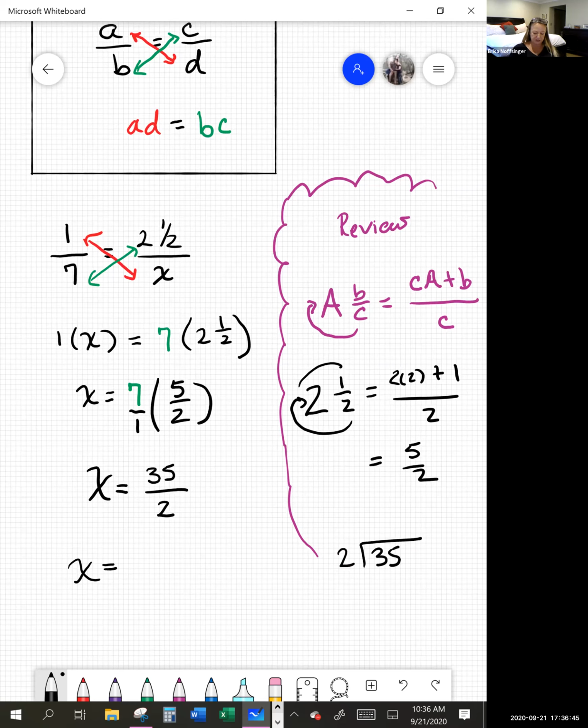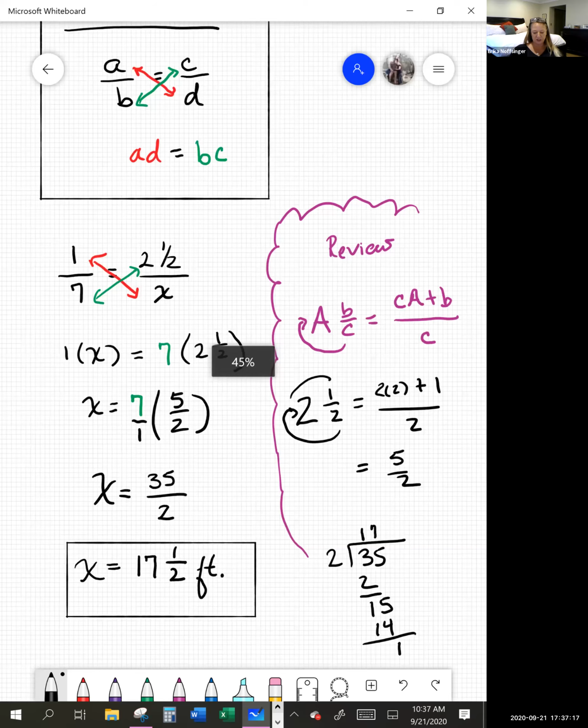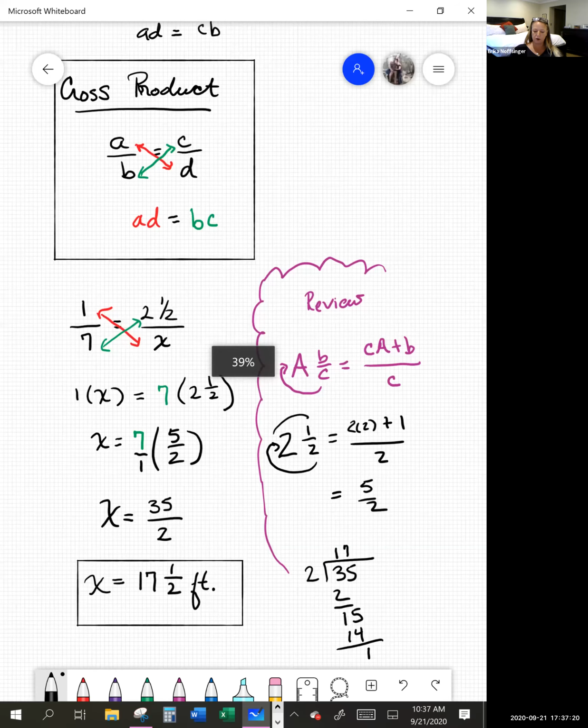You have to do long division, it's okay. 2 goes into 3 once. 2 goes into 15 7 times, which is 14. Remainder 1. So this is 17, our whole number, and your remainder over your denominator. And then make sure you're putting in what units we're talking about. So that 2.5 inches relates to a 17.5 foot wall.